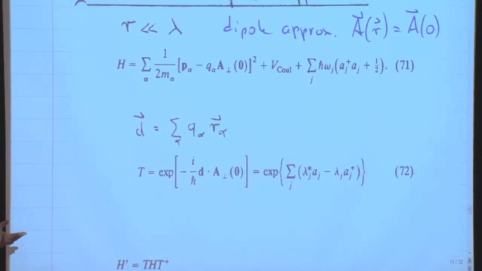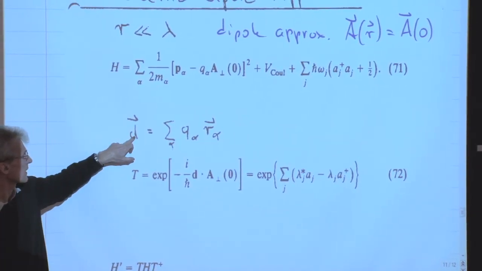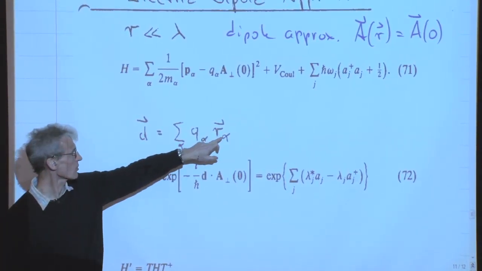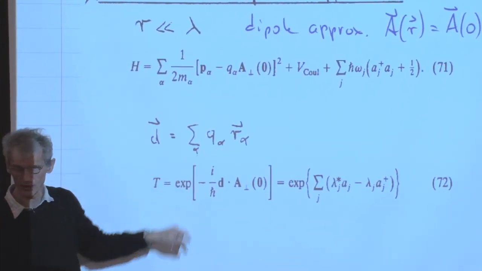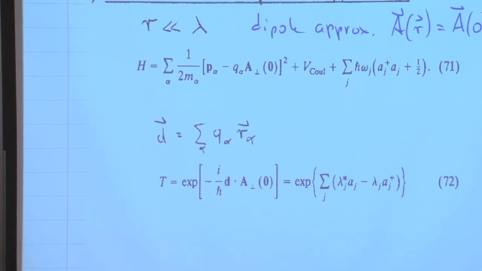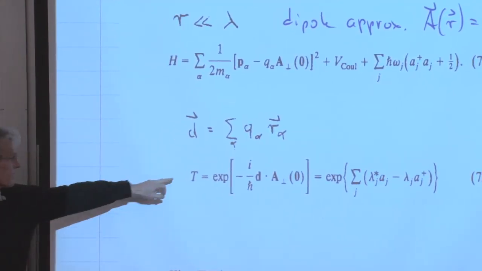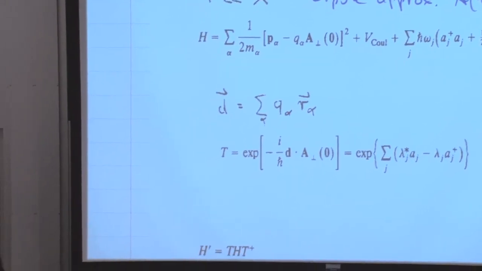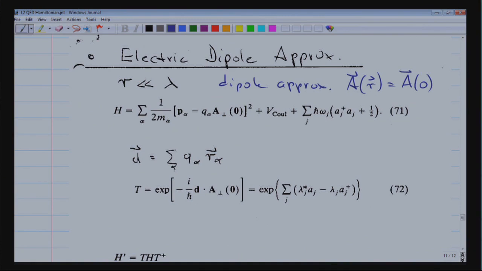For later convenience, we introduce the dipole operator, which is the position operator of particle alpha times the charge of particle alpha, and then we do simply a transformation. So this is a unitary transformation.